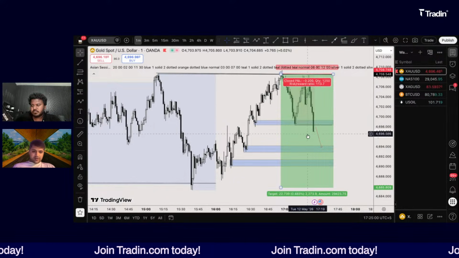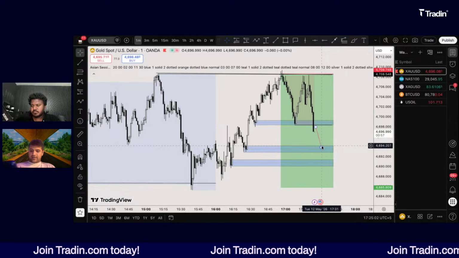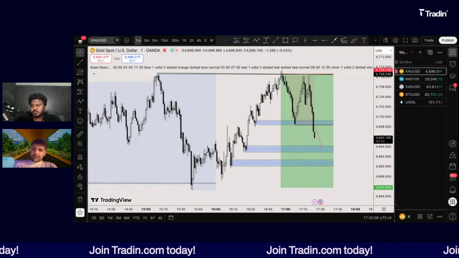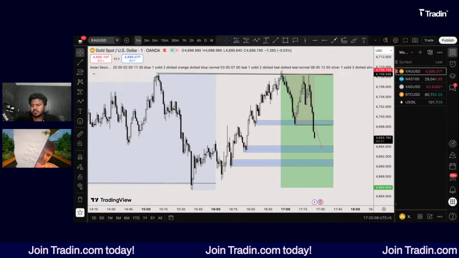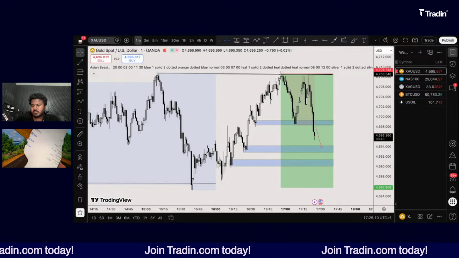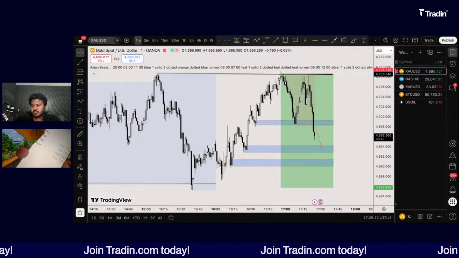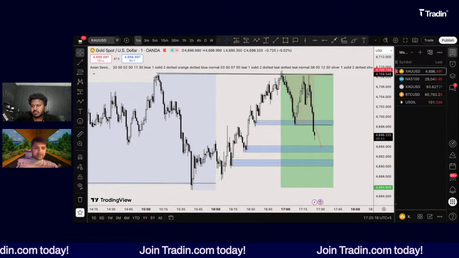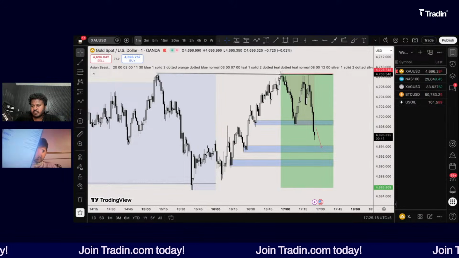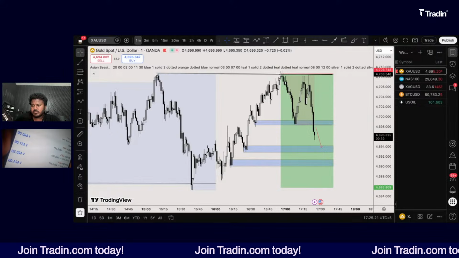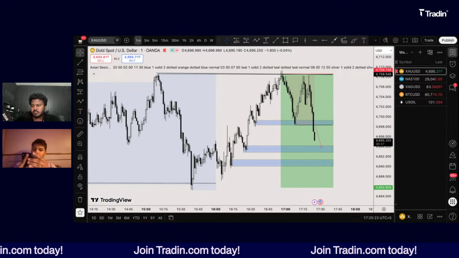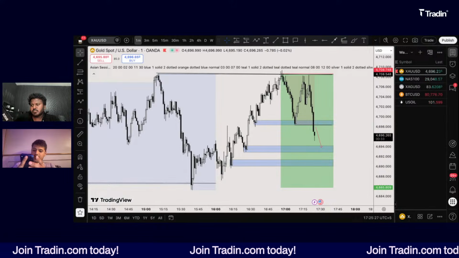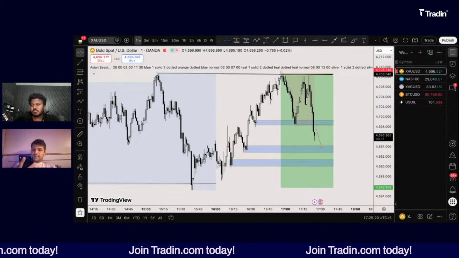If it breaks this, it's going to go down to this level, and it's already there. I don't know how to show this. My sell is running in profits. Yeah, I guess now you guys can see. I'm going to secure right here.